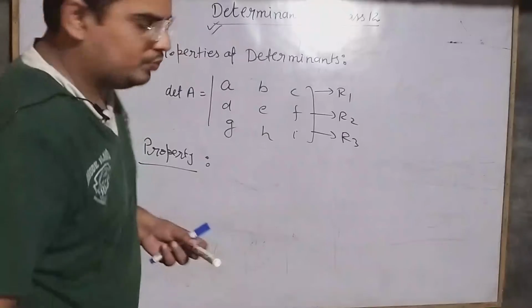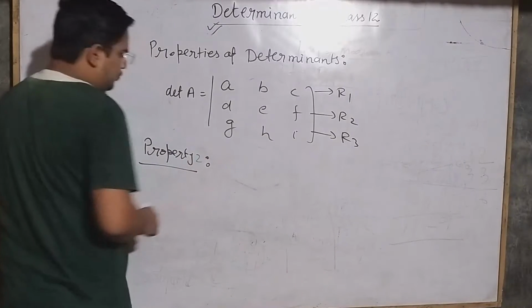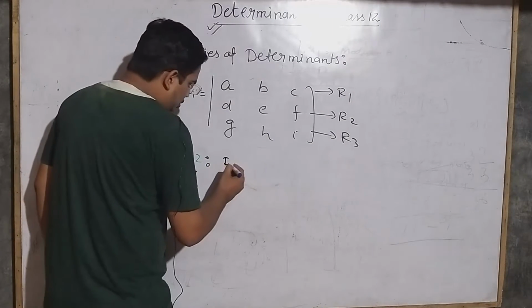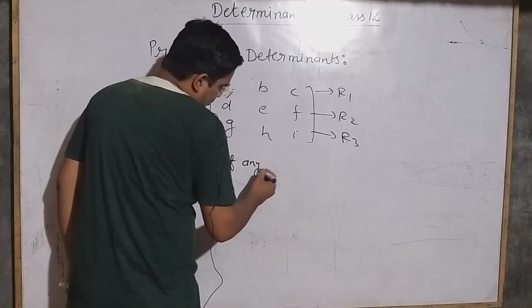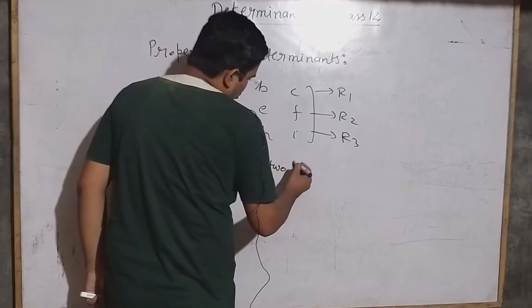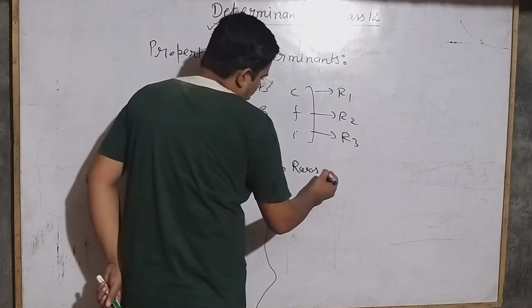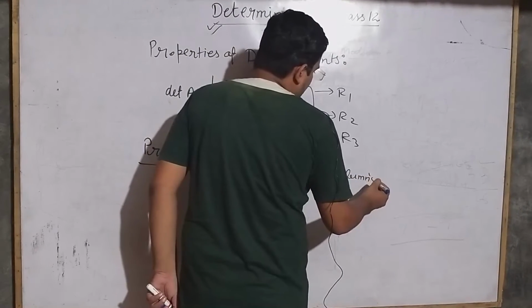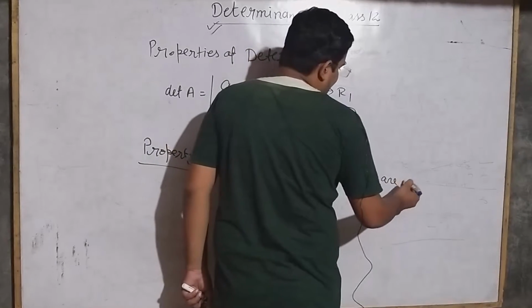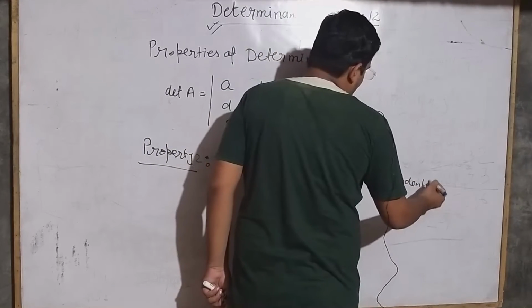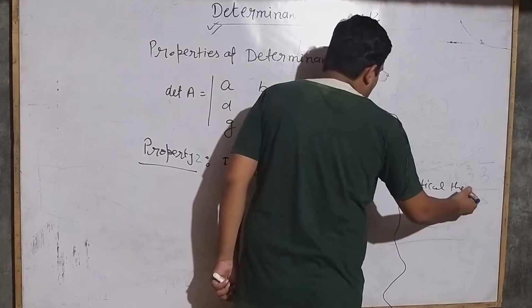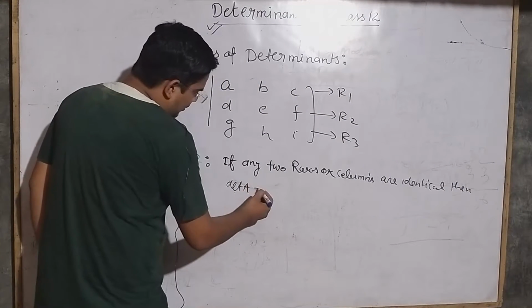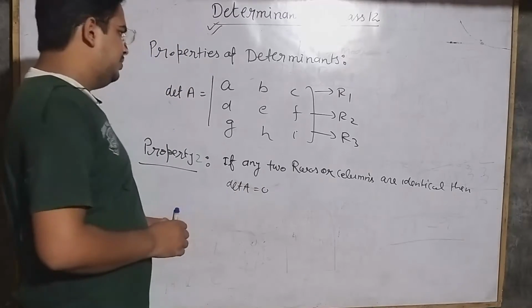What is property number 2? If any two rows or columns are identical, then the determinant of A will be 0.